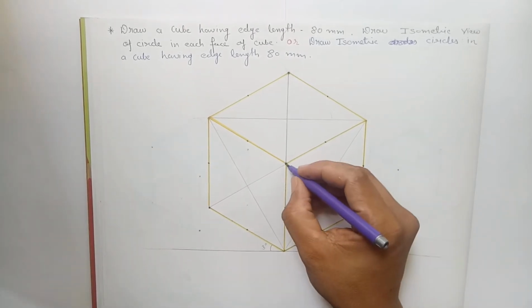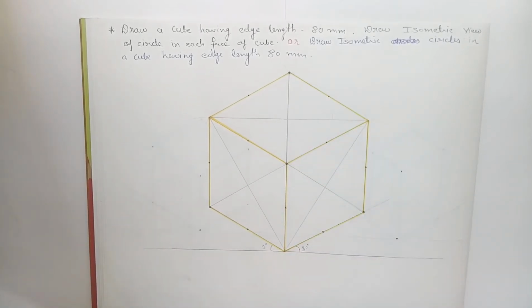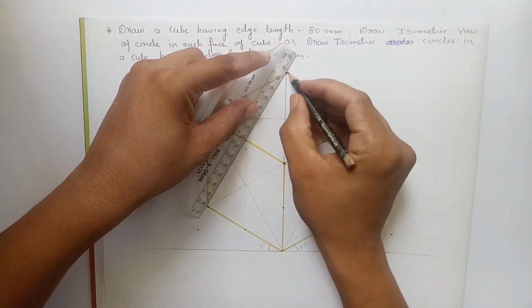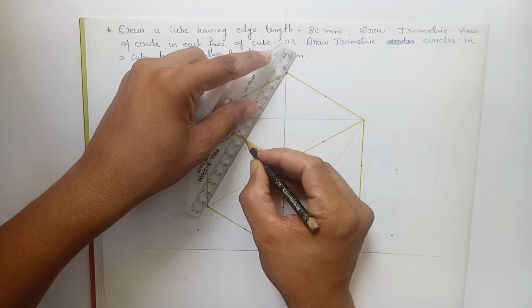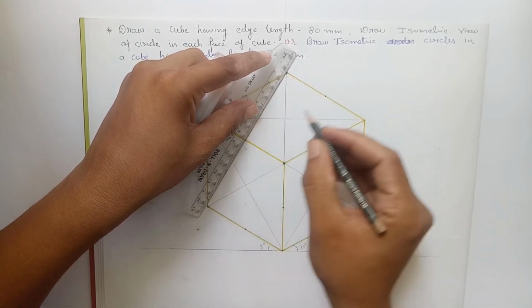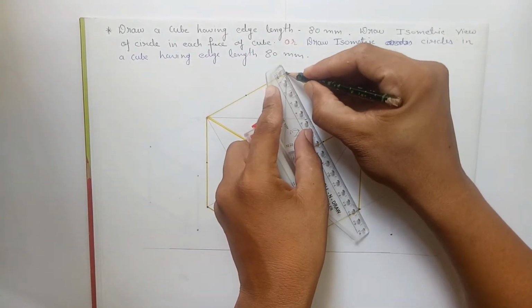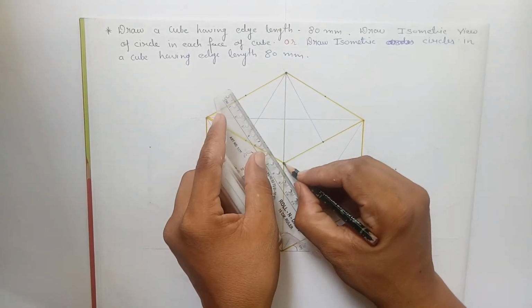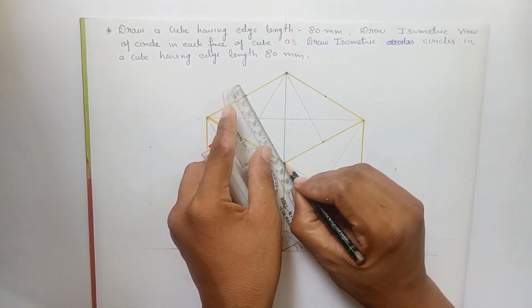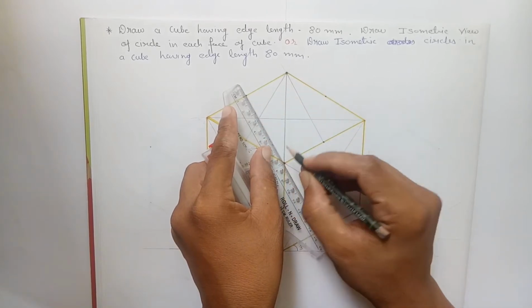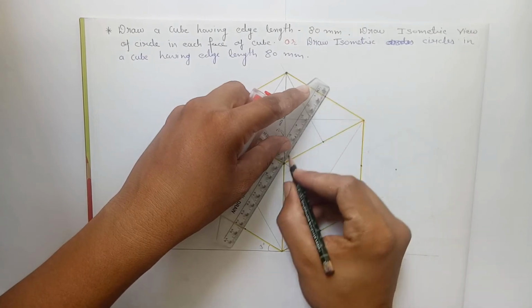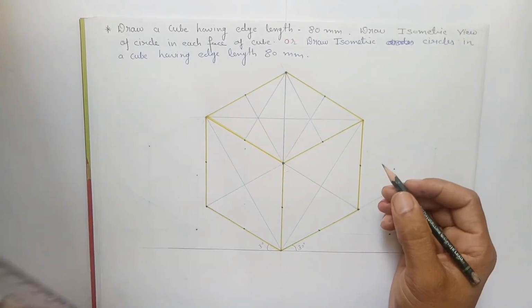So the first centers are at the shorter diagonal, and now to define the second centers, join this corner to this midpoint, or we can also find it by joining this corner to the midpoint over here. So it will give us an intersection over here like this.